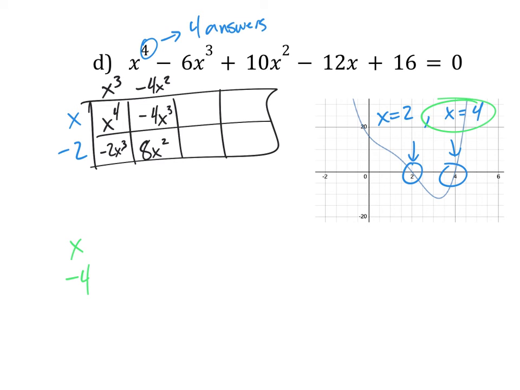I want 10x squared, so I need to add 2 more x squareds. So then I'm going to have a 2x here. And then I will have a negative 4x there. But I want negative 12x, so I need to subtract 8 x's more. Then I need to have a negative 8 there to make that work, and so then this is going to end up with a positive 16, and because this matches this, then we're done.